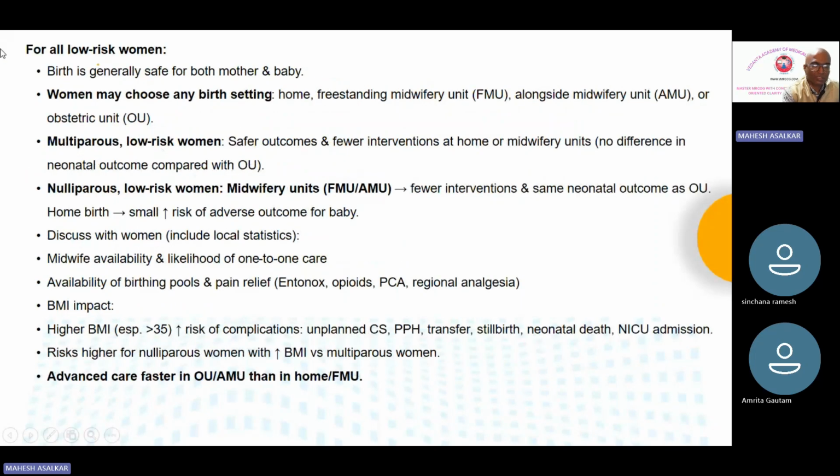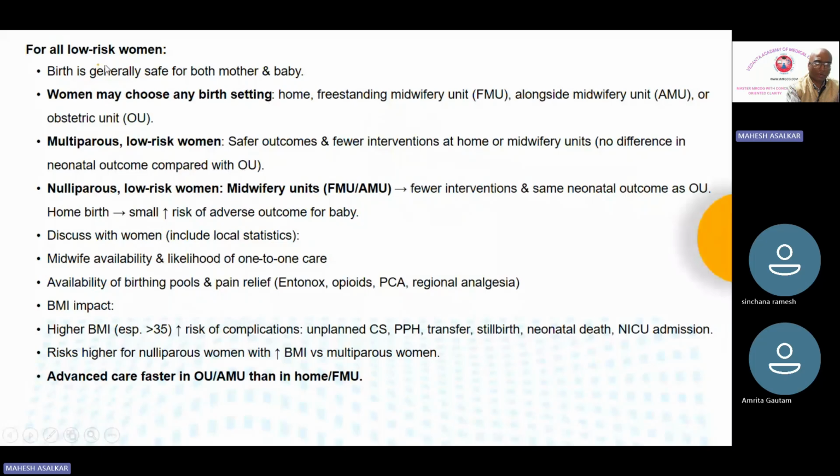Now, very frequently asked questions are on these 2-3 slides which we are going to discuss. For all low risk women, that is, the mother is low risk with no antenatal high risk factors, birth is generally safe for both mother and baby. Women may choose any birth setting, that is home, freestanding midwifery unit (FMU), alongside midwifery unit (AMU), or obstetric unit. So she can choose any of these 4 units.